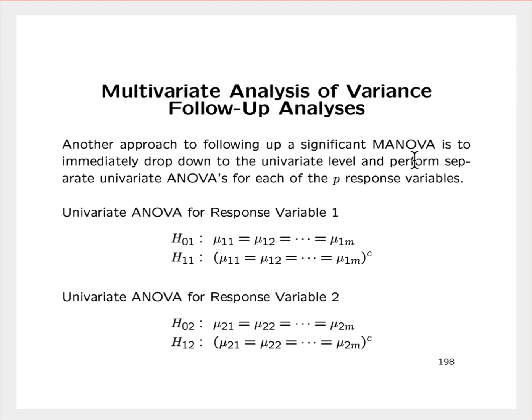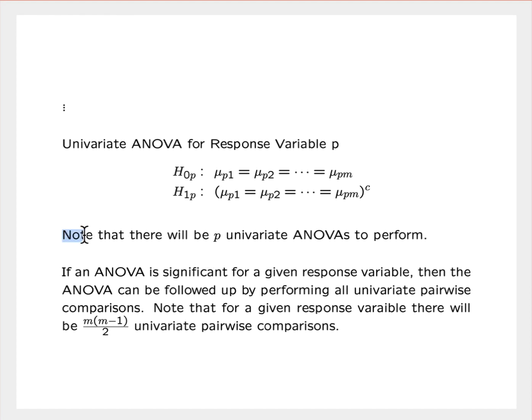In this approach, we follow up the significant MANOVA by dropping down immediately to the univariate level and performing a univariate ANOVA for each of the p response variables. So there are p univariate ANOVAs to perform. Now, for a given univariate ANOVA, if it's significant, then the natural follow-up would be to perform pairwise comparisons for that particular response variable. For that part of the procedure, there are m times m minus 1 over 2 univariate pairwise comparisons.